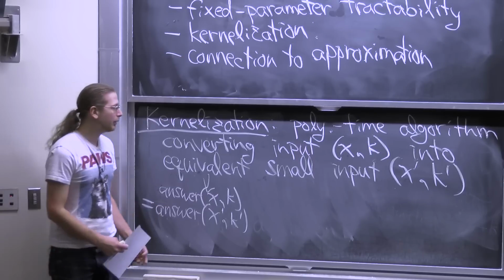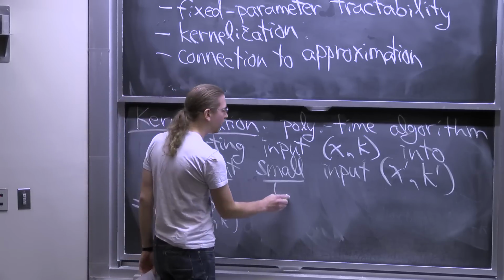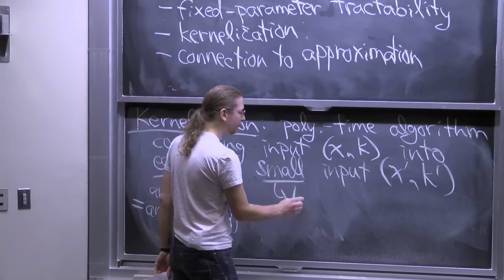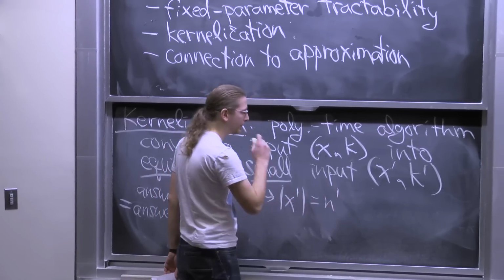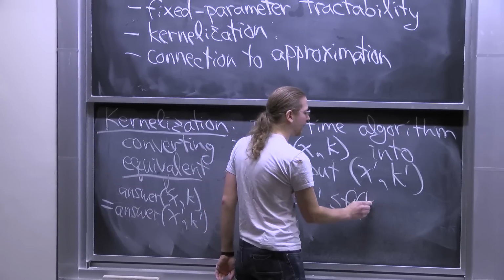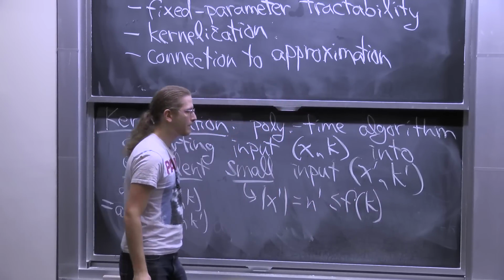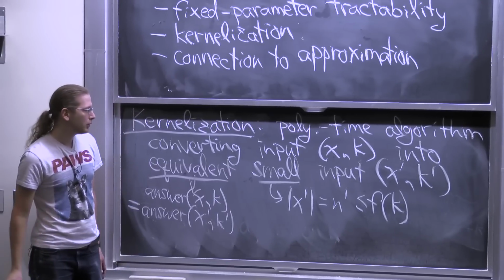So that's good. Now, what does small mean? We need to define both of these. Small means that the size of x prime, which you might call n prime, should be at most some function of k. Cool.